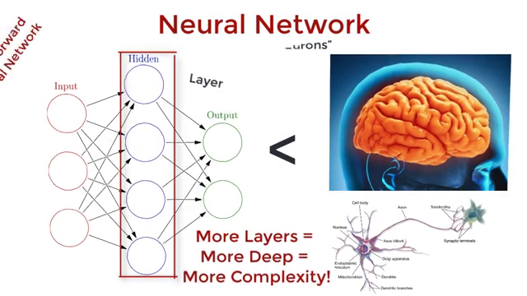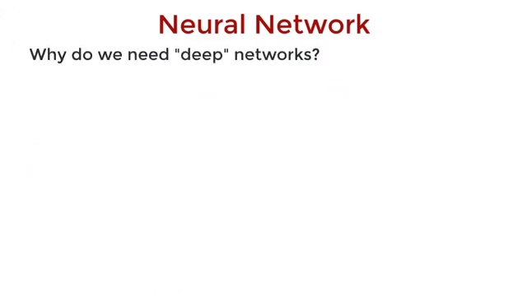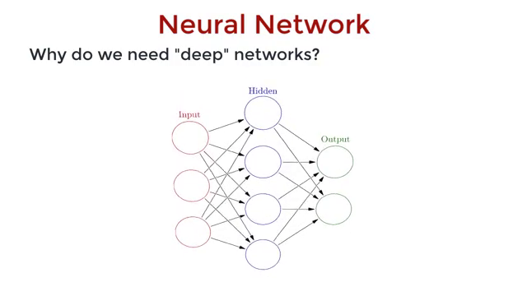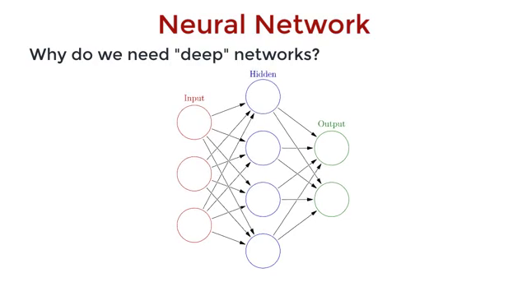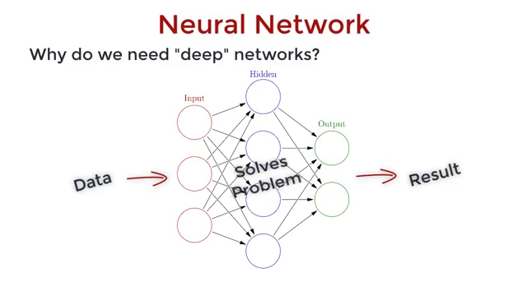Now a follow-up question. Why do we need deep networks? What is the difference between a network with 3 layers and another network with, say, 10 layers? Let's take a look at the high-level working of a neural network to answer this. It takes some input data on the left, and it spits out some output values on the right. So you can think of the network part in the middle as the part that solves the problem.